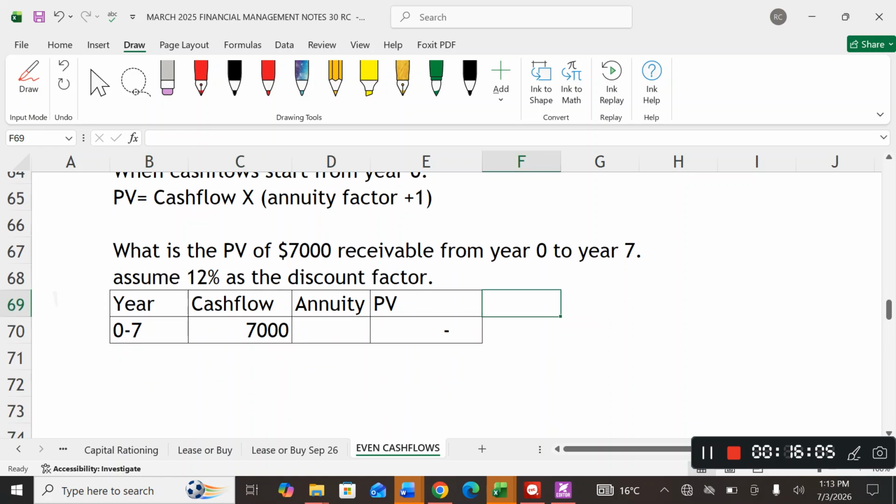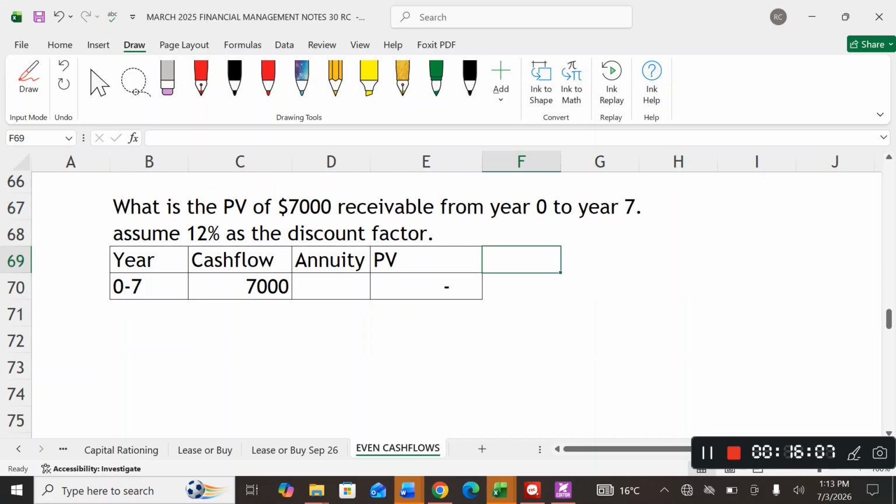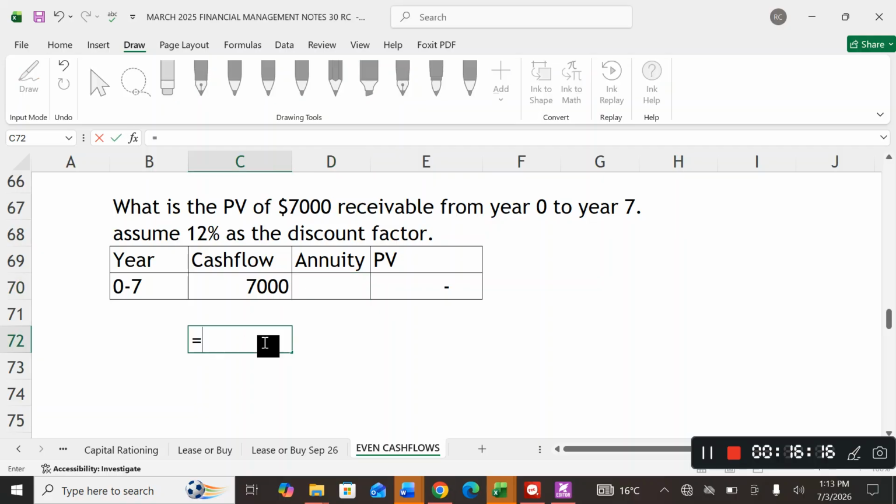To find the present value from year 0 to year 7, I take the normal annuity factor for year 7 and then add 1. So 1 minus 1.12 to the power minus 7, because the final year of receiving money is what we raise to negative, divided by 0.12.